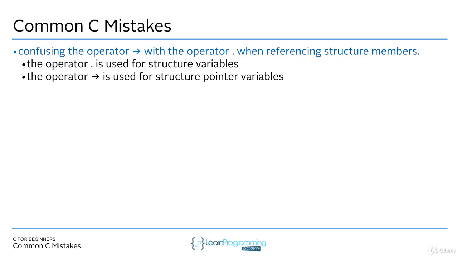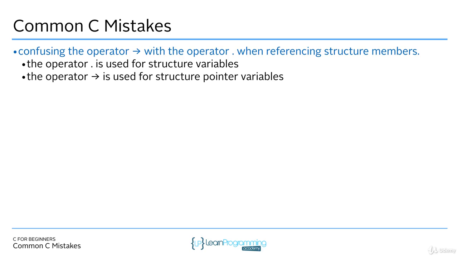In pointers, when you want to access something, or even in a struct, when you want to access something by a pointer, you have to use the dash greater than symbol. That's used when you're accessing a pointer element. So if you have a pointer that's pointing to a structure, that's how you access it.